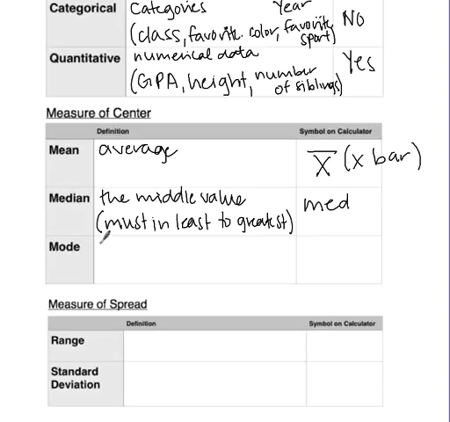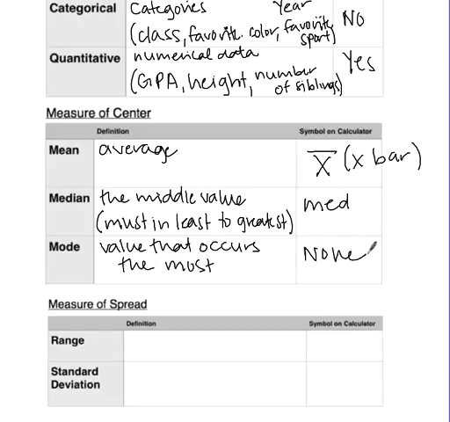The mode is going to be the value that occurs the most. And there's actually not a symbol on the calculator for mode.